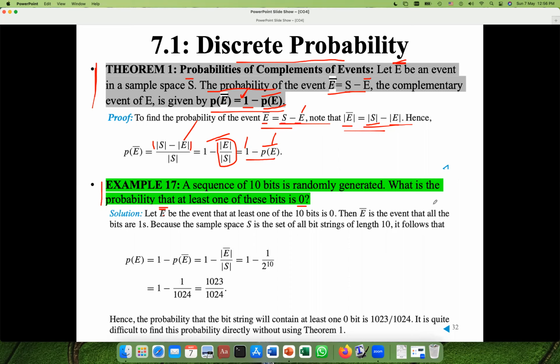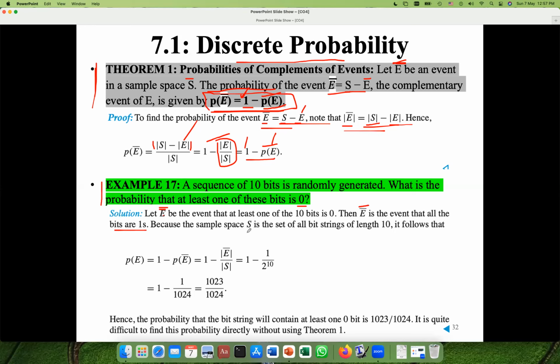So the complement is that all bits are ones. There is no zero in the 10 bits. All are one. We want to use this equation to get the answer for this example.